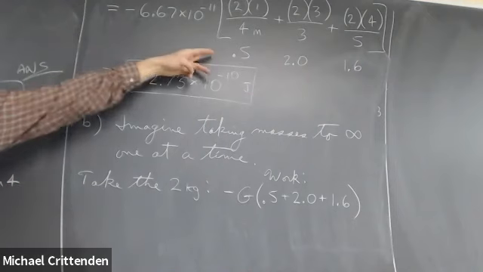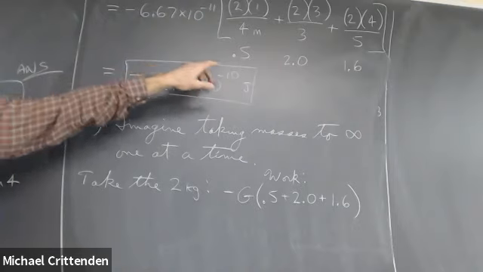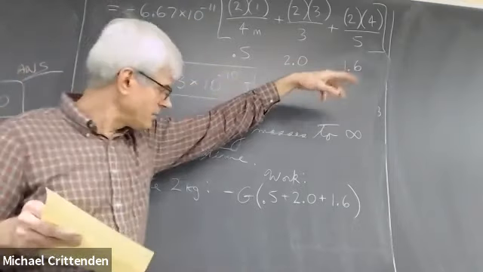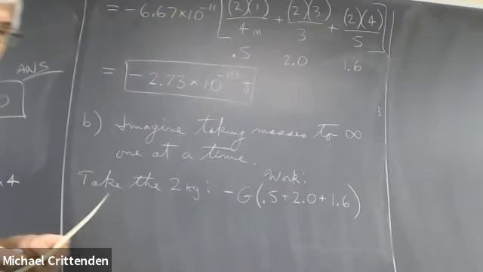Well, that's the thing I just got done calculating. The gravitation constant times that term and that term and that term. Let's say after you've done that, maybe the next thing that you do is you take the 1 kilogram to infinity.